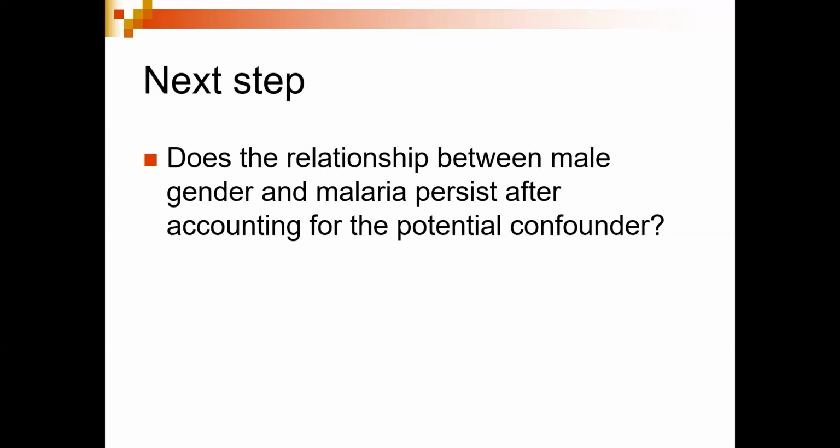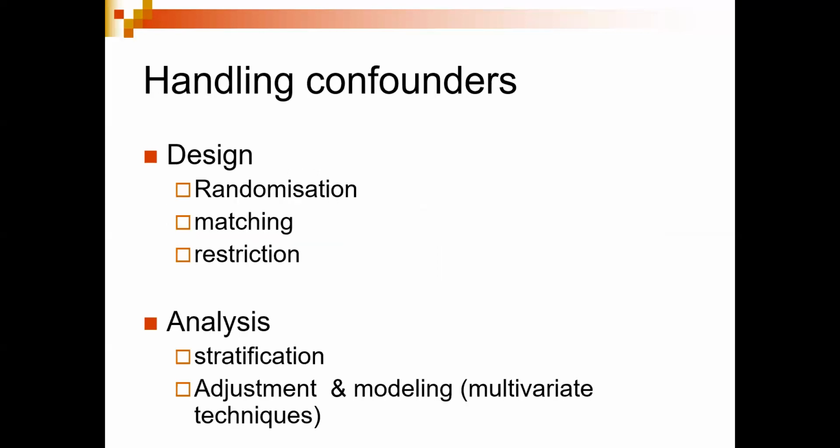There are several ways in which you can handle your confounding. You can handle it at various stages of your research. You can control your confounding at the design stage, or you can control it at the analysis stage. Some ways to control confounding at the design stage are randomization, matching, and restriction.